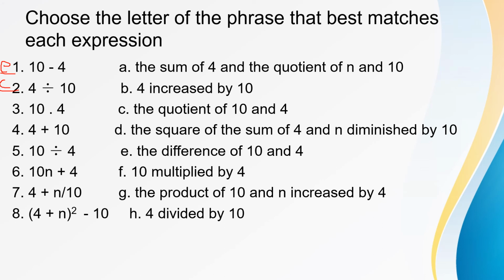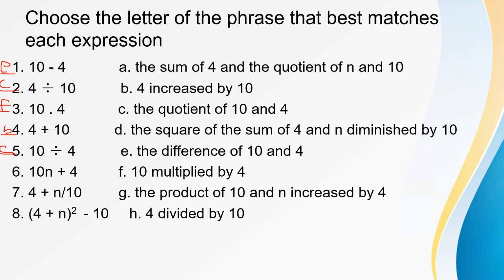10 times 4. We could say that it is 10 multiplied by 4. Letter F. No? 4 plus 10. How is that? So, 4 increased by 10. So, letter B. No? 10 divided by 4. 4 divided by 10. Or how is that? Is that correct? Or the quotient of 10 and 4 is the best. Letter C. Oh, okay.